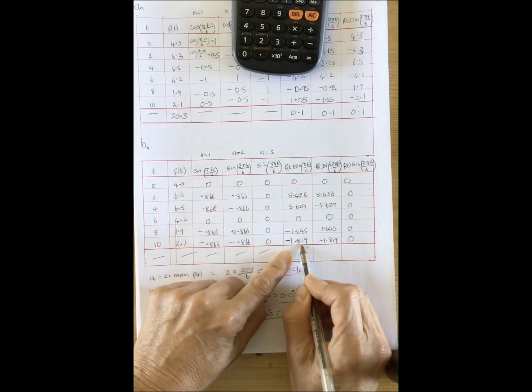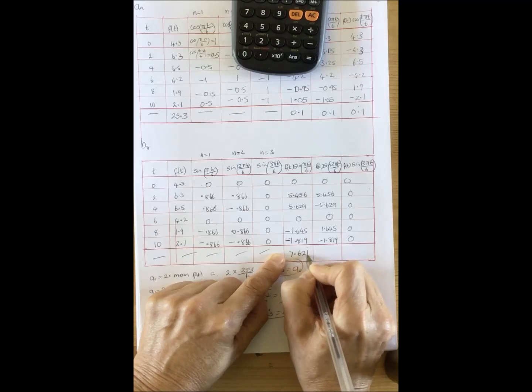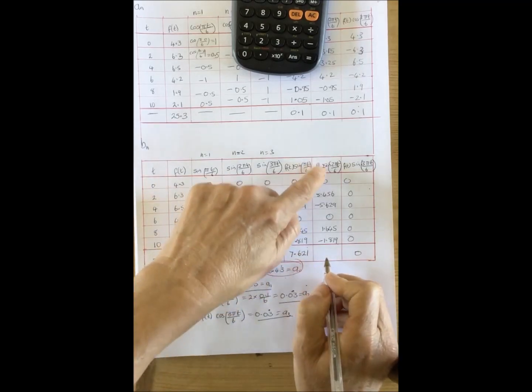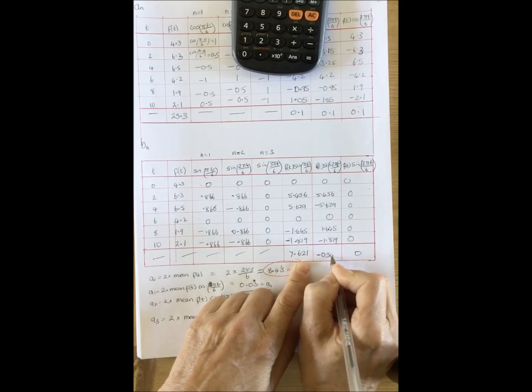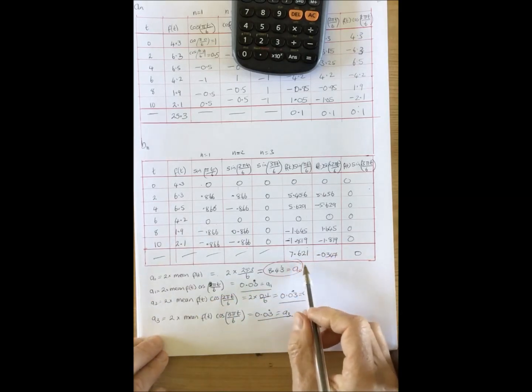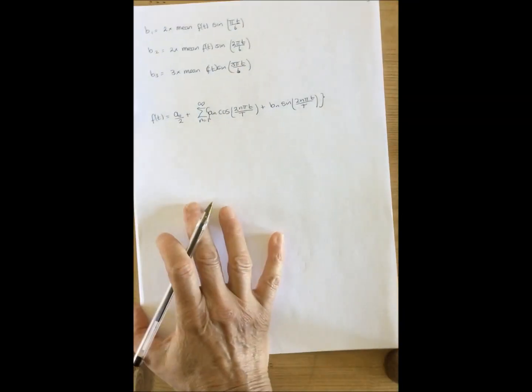So when I add up all of that, I get 7.621. 0 for that one, and if I add up all of these, I get minus 0.347. So from these values, I can find my b values.